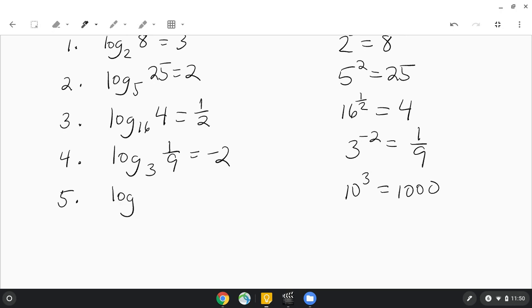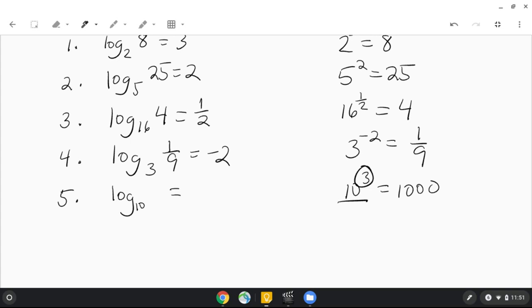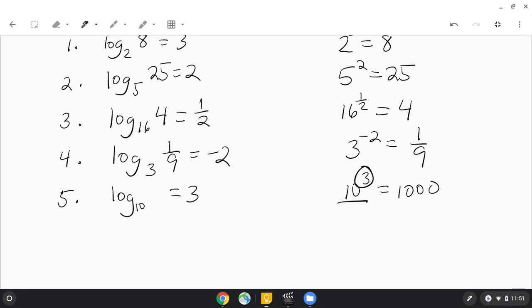We use the same base that is used for the exponential. So the base over here is 10, so we'll have a little 10 over here for the base. And remember, this exponent 3 is the outside number, and that should equal 1,000 on the inside.